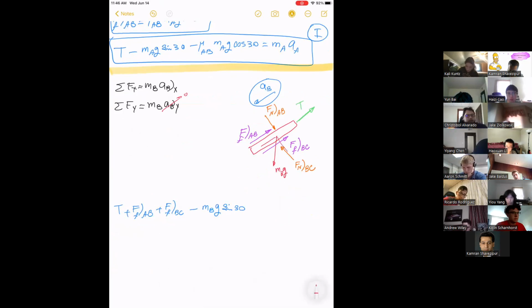Again, if you look at here, you're going to have two components of mg. This is the x component, and this is the y component, right? The x component is going to be mg sine theta, and we don't have any other x, so this is going to be equal to mb minus AB, because we know AB is negative going down, right?